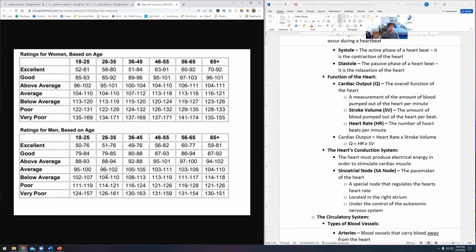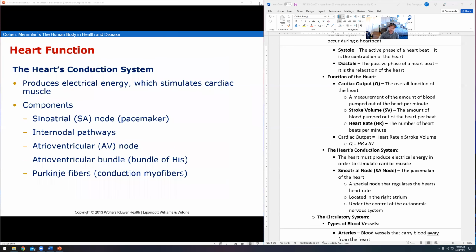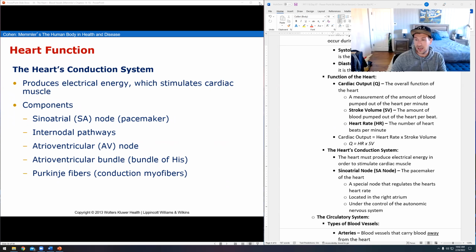So now I'm somewhere between 96 and 102. Now I'm in average shape for somebody of my age, right? It drops even further. I'm above average, even further than that, until eventually I get into really, really good cardiovascular shape. And that's sort of how the pace is actually working.